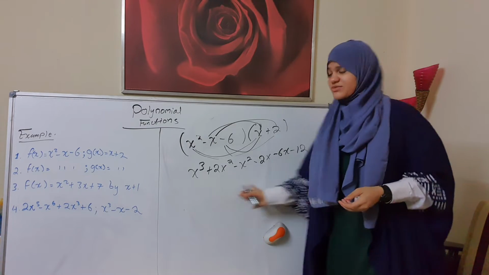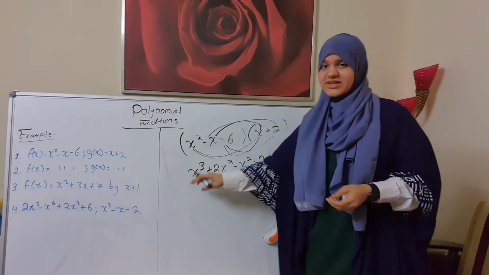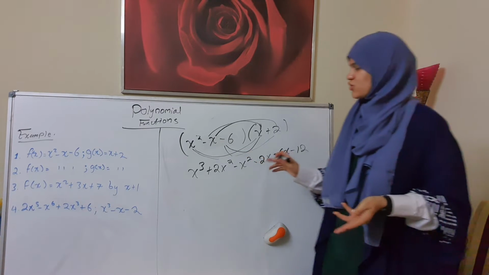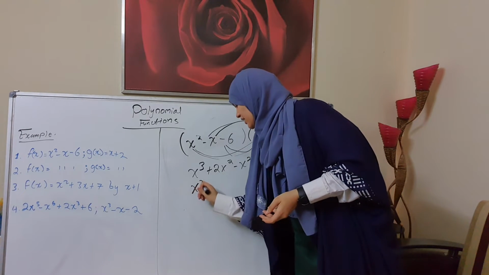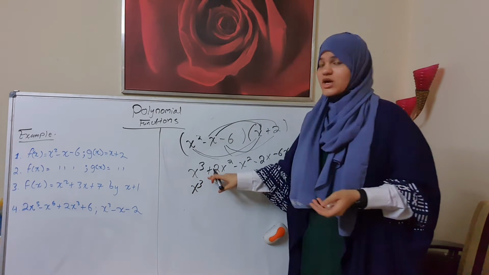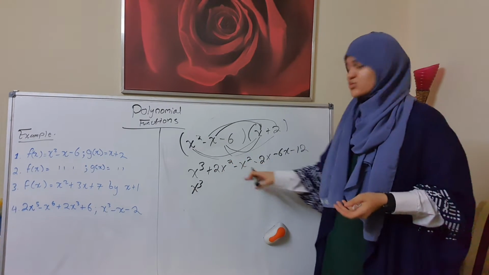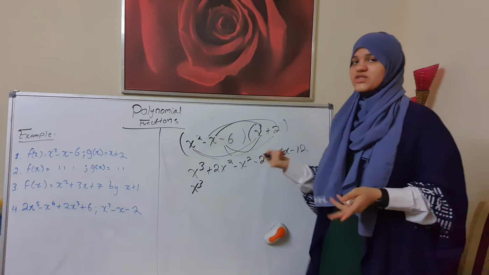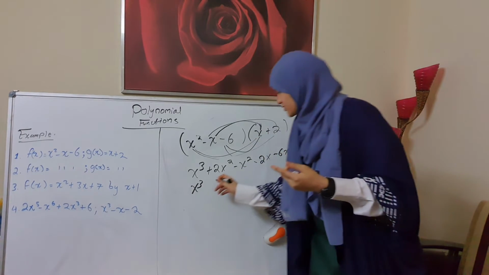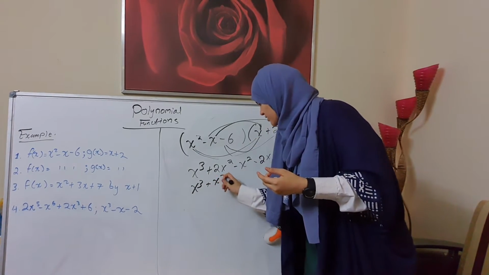Now we collect the like terms together. We have x cubed alone, with no like term, so it stays x cubed. Then positive 2x squared and negative x squared, so 2x squared minus 1x squared is plus x squared.